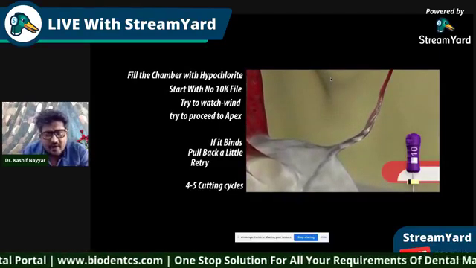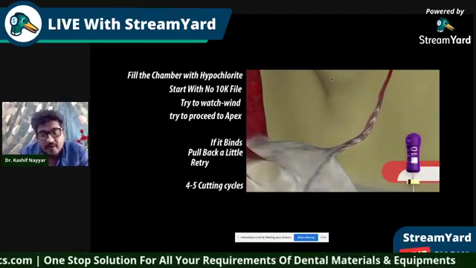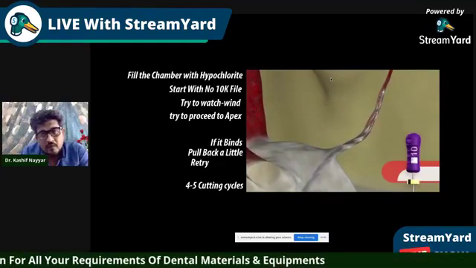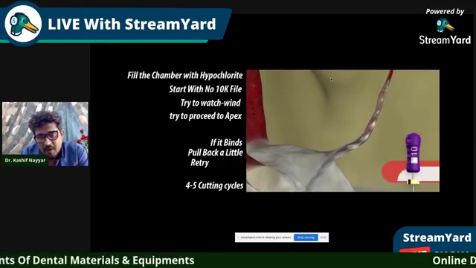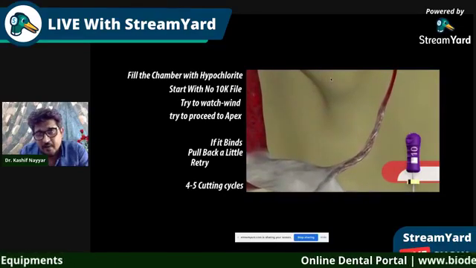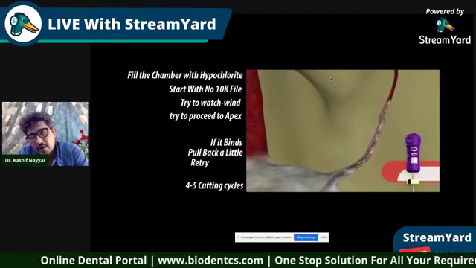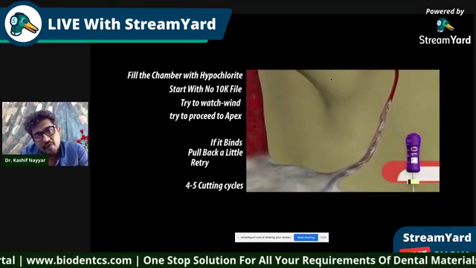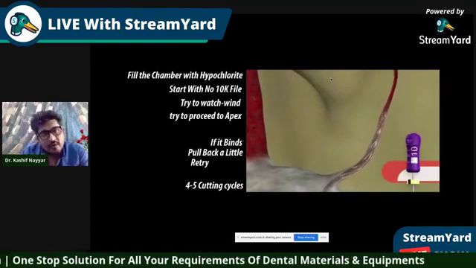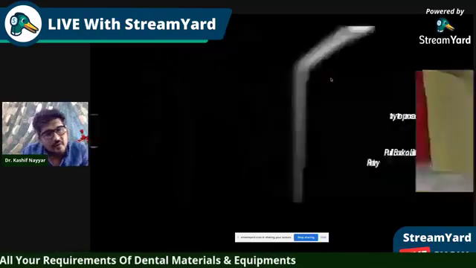Usually 4 to 5 cycles are required to reach the apex. But in cases of calcifications, if you can just get up to the middle third, I think it's a good idea that rather than proceeding any further, you secure that portion first and then proceed further. We will discuss that in the following slides.